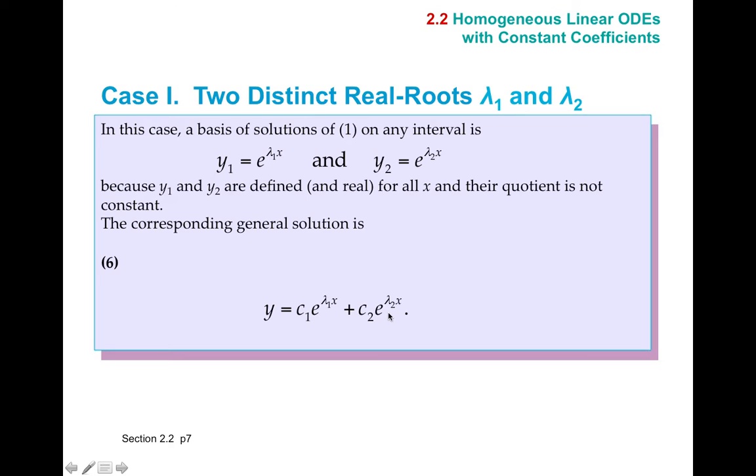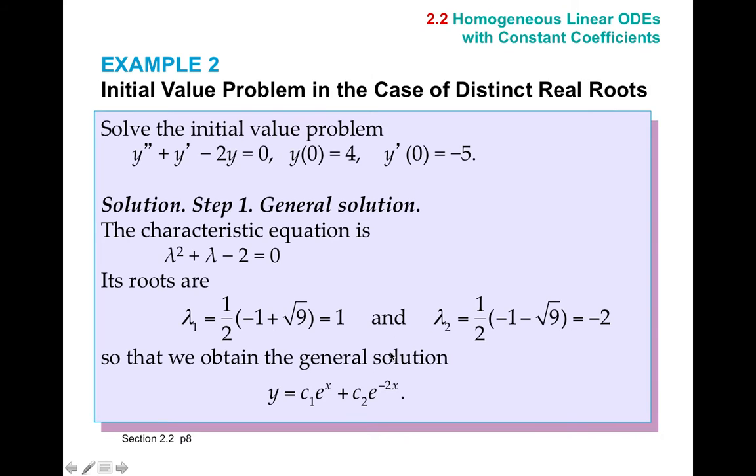So for example, if you're looking at a damped oscillator in mechanical engineering, or an RLC circuit in electrical engineering, we would not expect exponential growth of voltage or exponential growth of movement because this is a homogeneous equation, so there's nothing driving the system. So usually for a physical system, lambda 1 and lambda 2 would be negative, and it would act like a time constant or some kind of exponential decay factor.